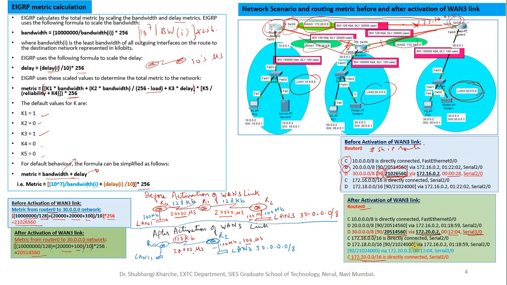When the WAN 3 link is activated, there is an addition of the direct network 172.20.0.0 via serial interface 3/0, and there are two paths available for the 172.18.0.0 network from router 0.